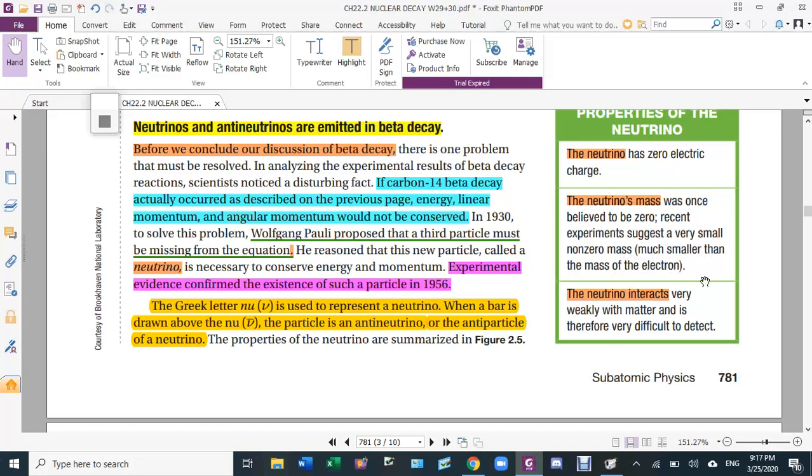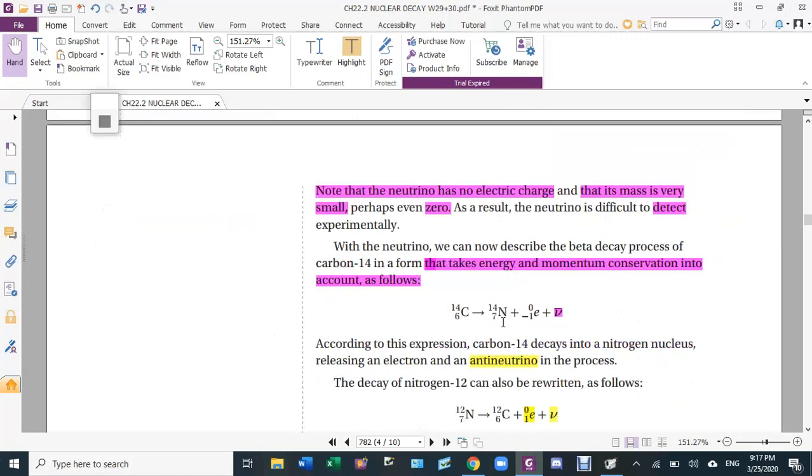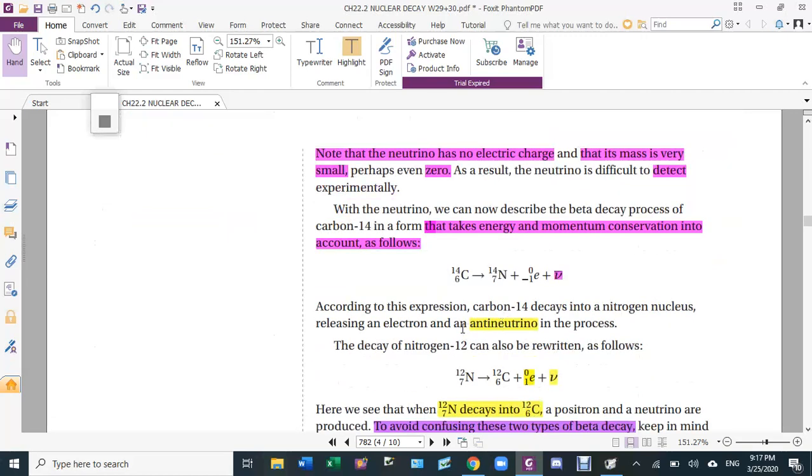Number three, the neutrino interacts very weakly with matter and is therefore very difficult to detect. Note the neutrino has no electric charge, and its mass is very small, perhaps even zero. As a result, a neutrino is difficult to detect experimentally.